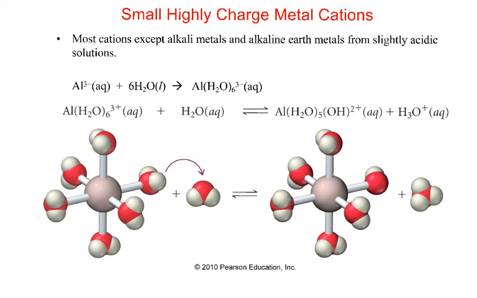They are often associated with water molecules, and they actually form these complexes. This aluminum water complex now has the ability to donate protons. It's not the aluminum by itself that's donating a proton, but the whole aluminum water complex. So this is how cations can act as acids.